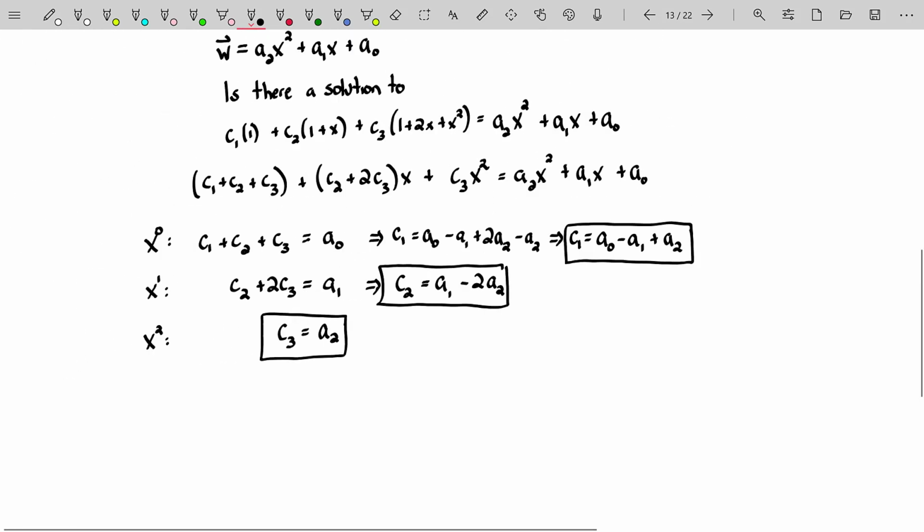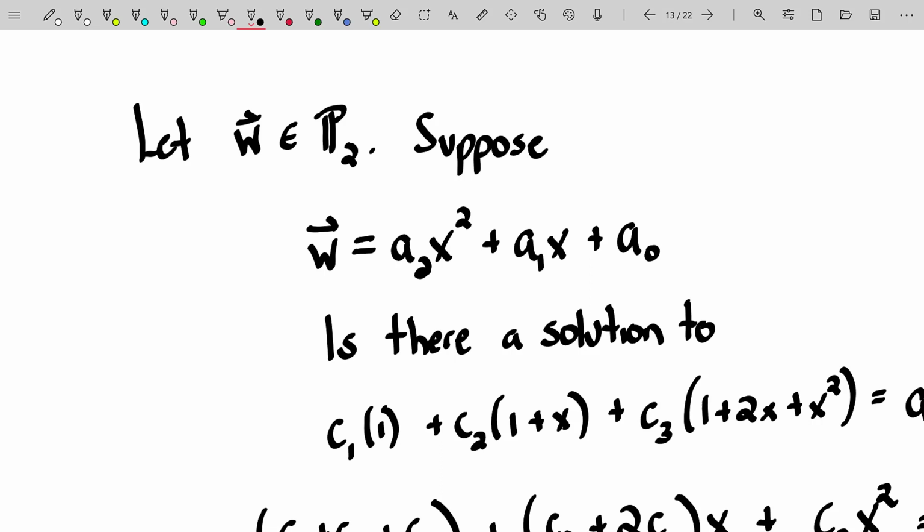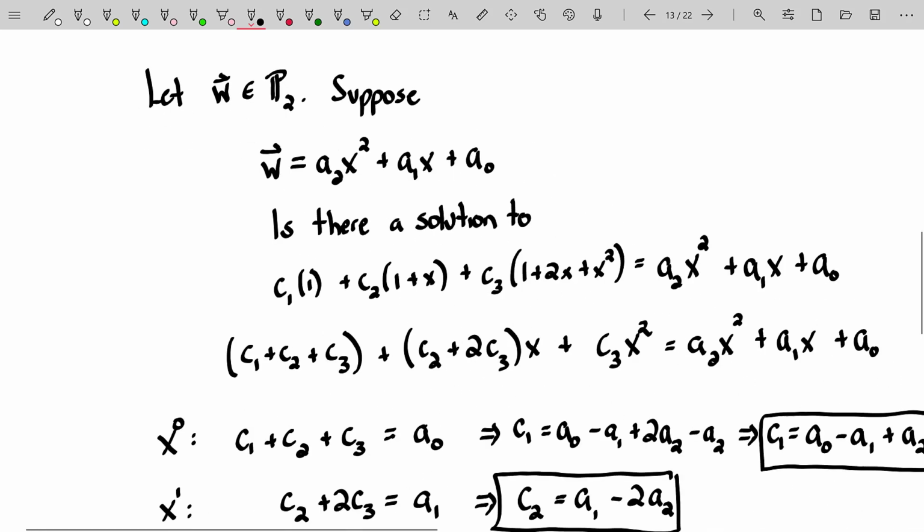So again, to answer the question, if I was given an arbitrary vector in our vector space p sub 2, can that be generated by a linear combination of the vectors that we were handed, 1, 1 plus x, and 1 plus x quantity squared? And the answer to that question is yes.